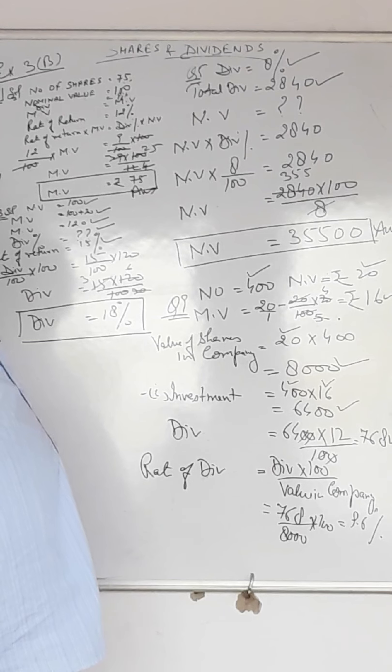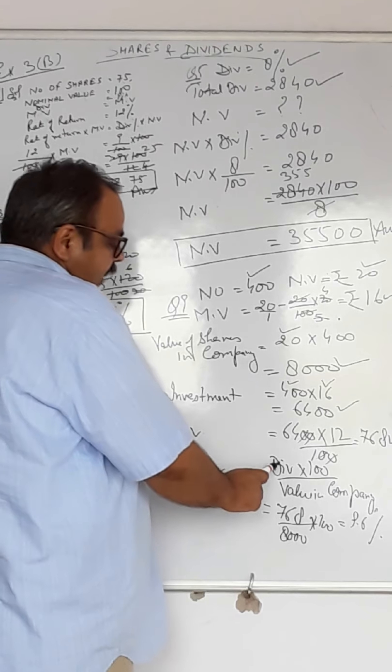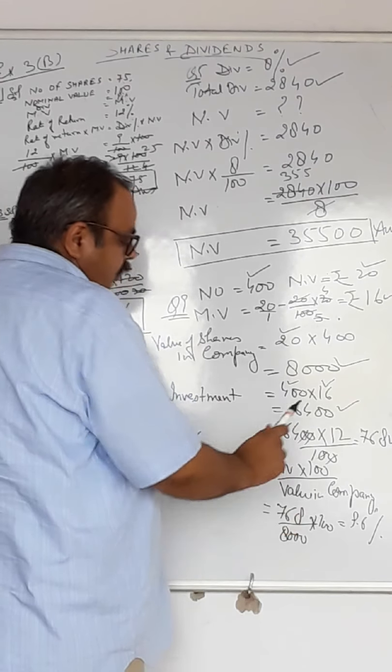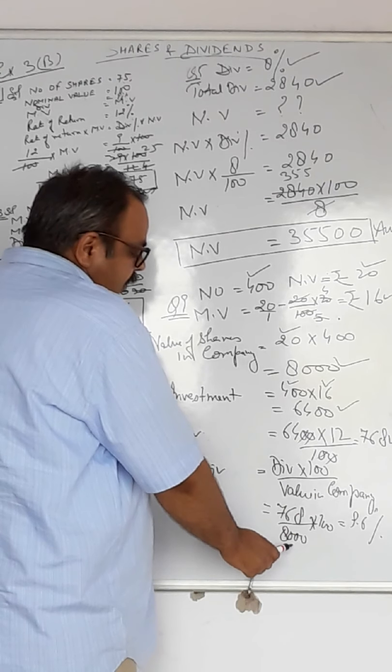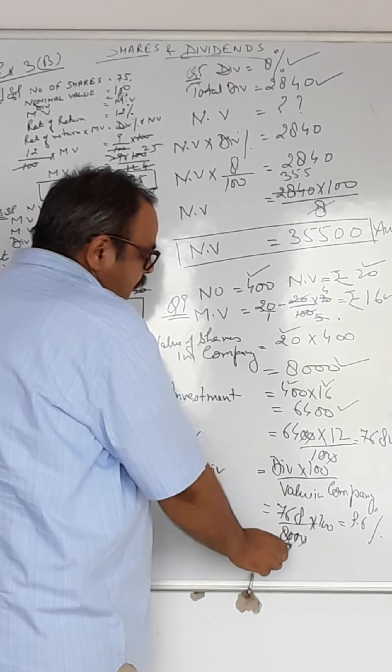Rate of dividend, want value in the company into 100. 768 I got. The value of my money is 8,000 in company.